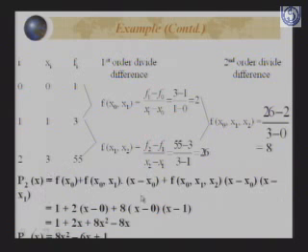So by substituting the respective values into this equation, you will find 1 plus 2, 2 is over here, into (x minus x0), where x0 is 0, plus 8, yes 8 we had found out, into (x minus 0), and (x minus x1), where x1 is 1. So you will find that the interpolating polynomial is 8x squared minus 6x plus 1.